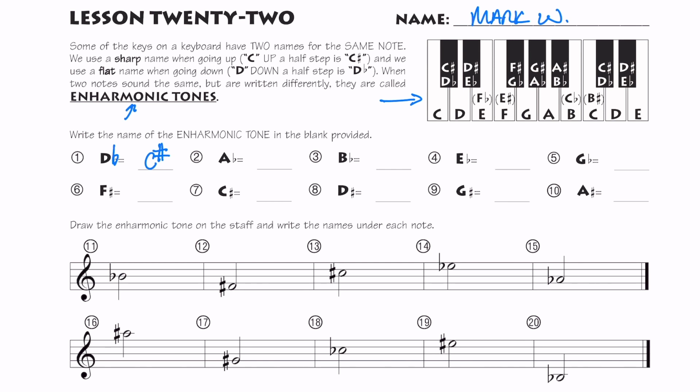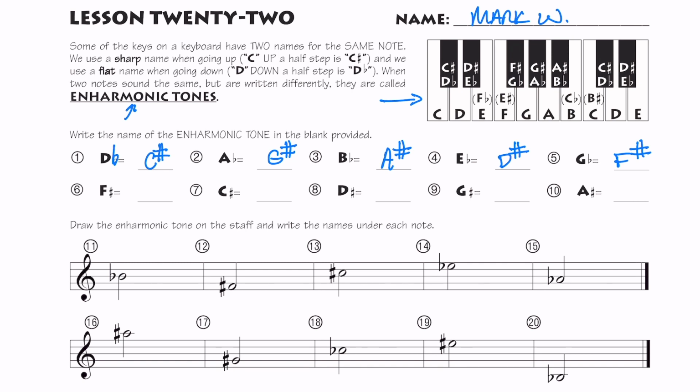A letter name down from A is G, and it's a sharp. A letter name down from B is A, and it's a sharp. A letter name down from E is D, so E flat and D sharp are the enharmonic tones. A letter name down from G flat is F, but it's a sharp. That's pretty simple.